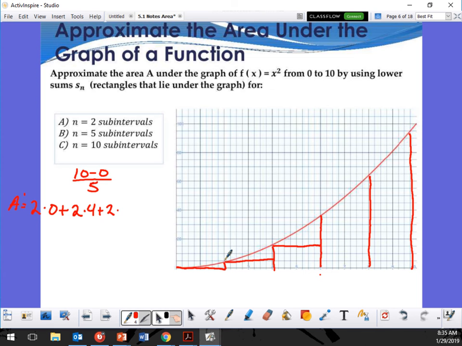At 2, it was 4. At 4, it was 16. So it's going to be 16 plus 2 times, now let's see. 2 is 4, 4 is 16, 6 is 36. Plus, okay, and then 8's going to be what? 64.